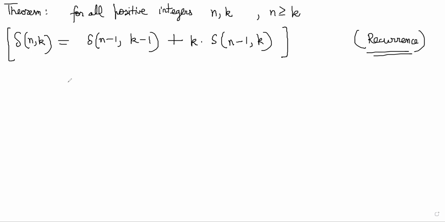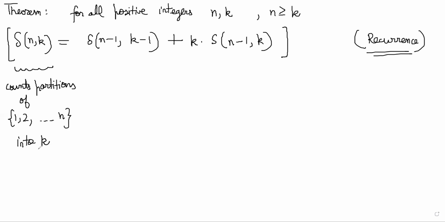We'll do a combinatorial argument to prove this recurrence. We'll show that both sides are counting the same thing. Think about what the left side counts. The left side counts partitions of the set 1, 2, up to n into k subsets.